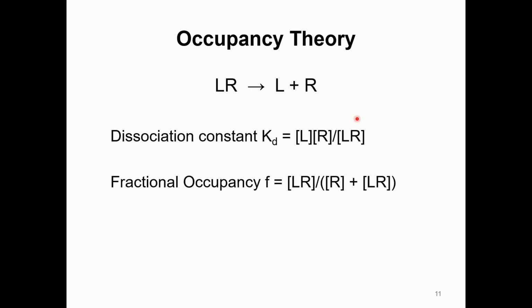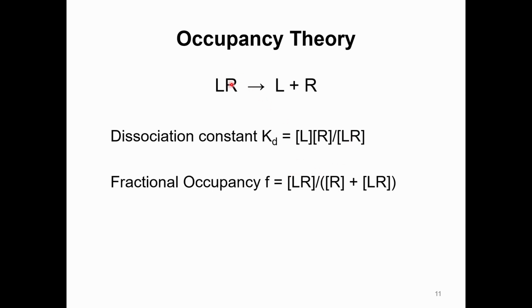But now we can modify this equation just very subtly and come up with a term called fractional occupancy. And so fractional occupancy is a rearrangement of this dissociation constant, very similar. But think about that.